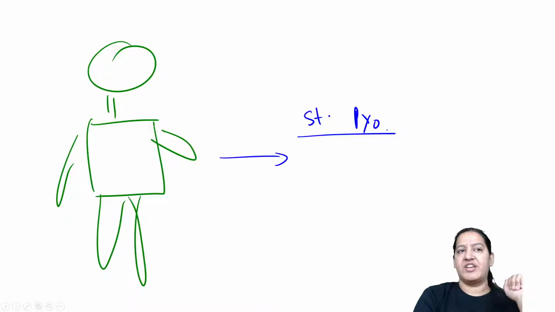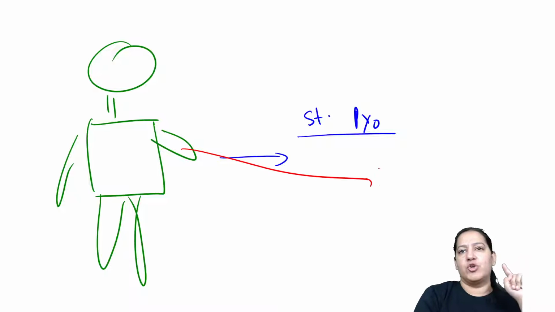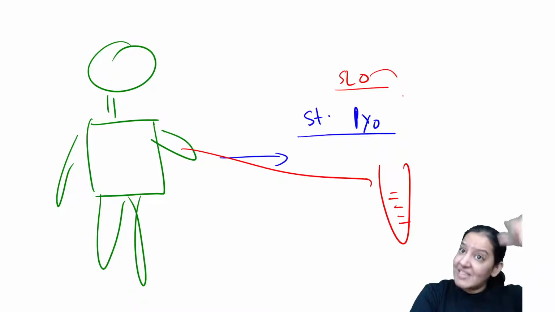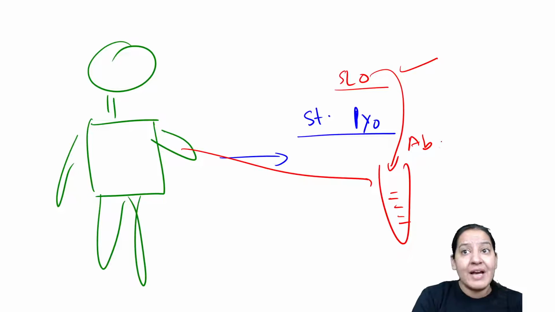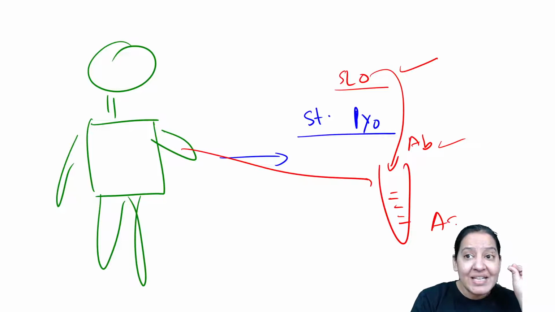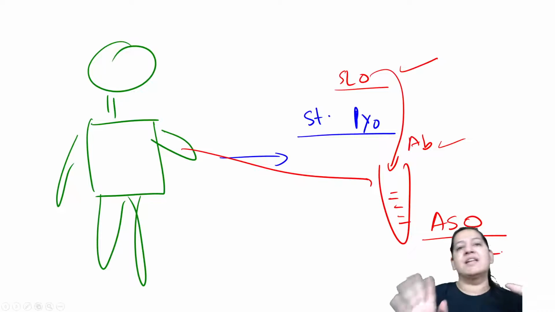So I will ask the person to give blood in a test tube, and in the test tube, I will test the antibodies against SLO. I will not test SLO; I will test the antibody titer against SLO, because if SLO is present, the body would have made antibodies against it. So the name of the antibody is anti-streptolysin O, and the test is known as the ASO test. So the ASO titer is very important.